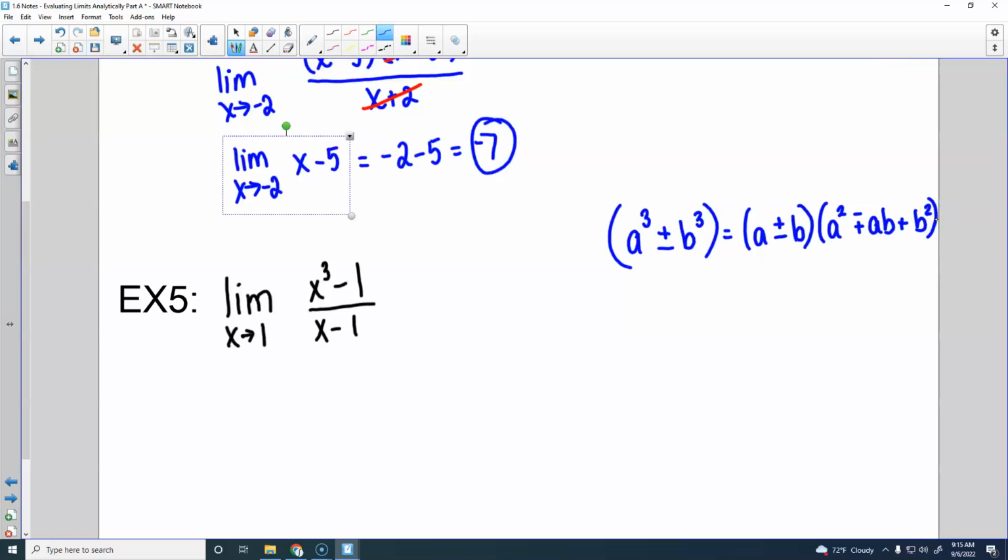This is the formula that we're going to use. You're not going to run into this a lot, but our textbook puts some problems in like this, so we're going to do one to practice. And this is called factoring perfect cubes.